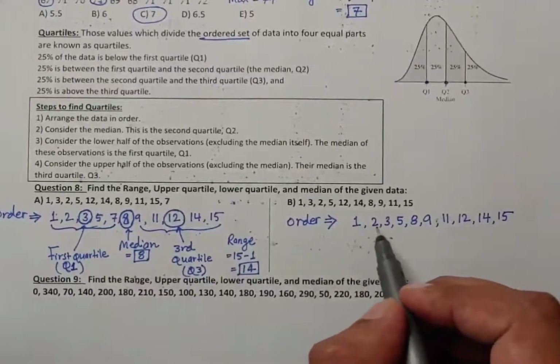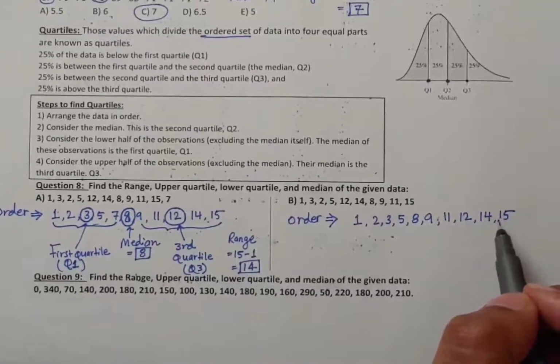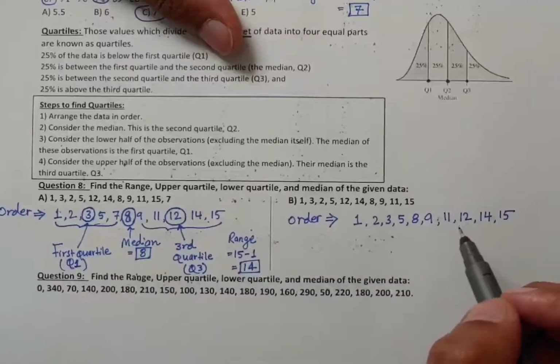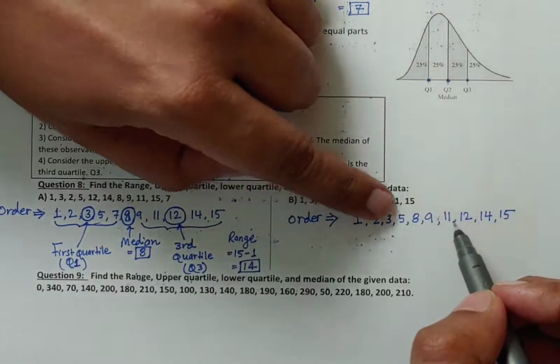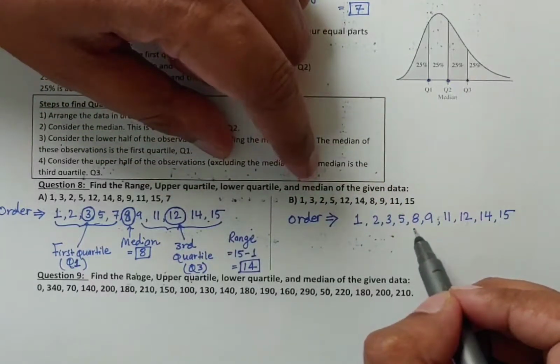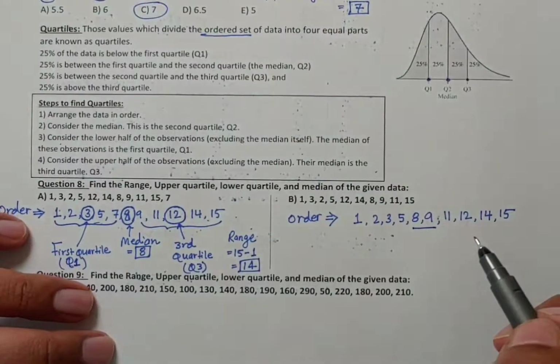So let's see, 1, 2, 3, 4, 5, 6, 7, 8, 9, 10. Now we got 10 numbers here, so we have 2 numbers in the middle. Which 2 numbers? These 2 numbers are in the middle, right?